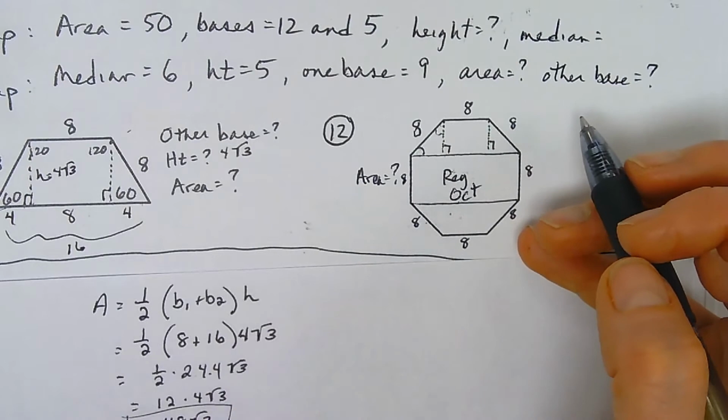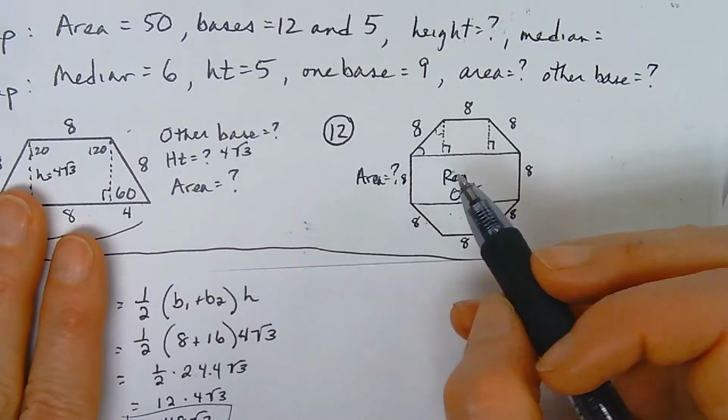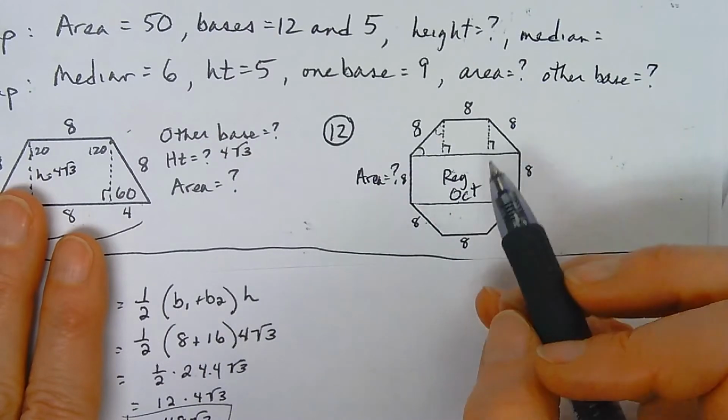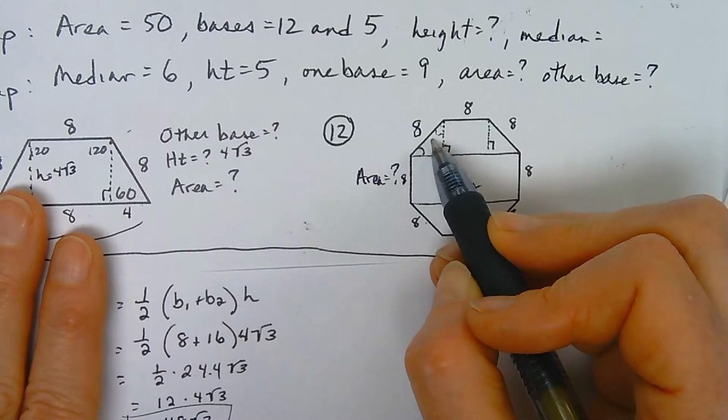There are a couple different ways we could prove that. One of them is to recognize that since this is a regular octagon, all the angles are congruent. So this whole angle is congruent to this whole angle.